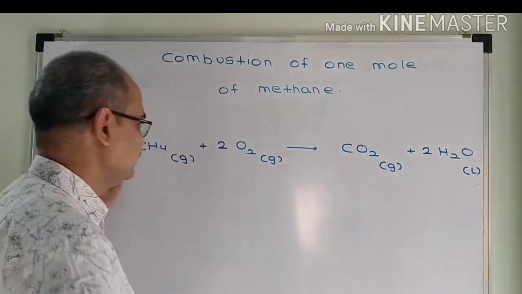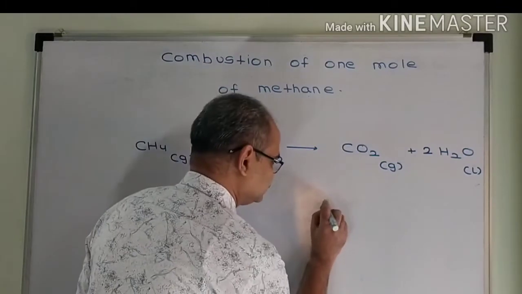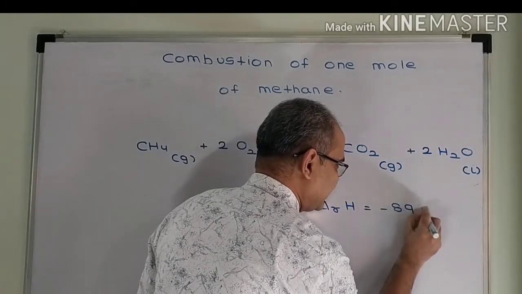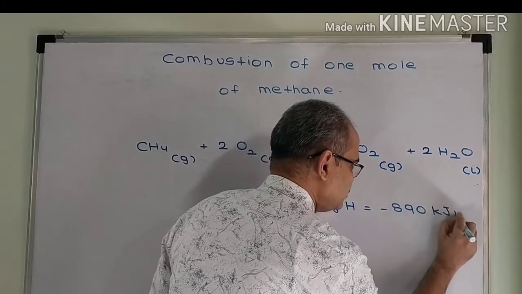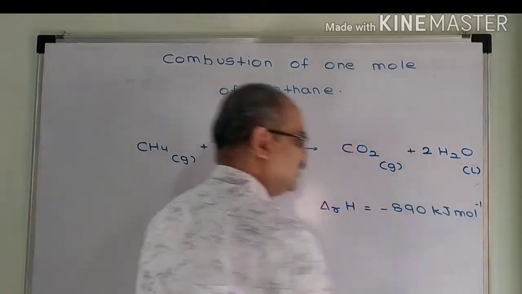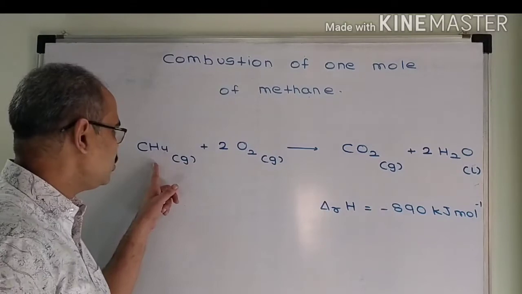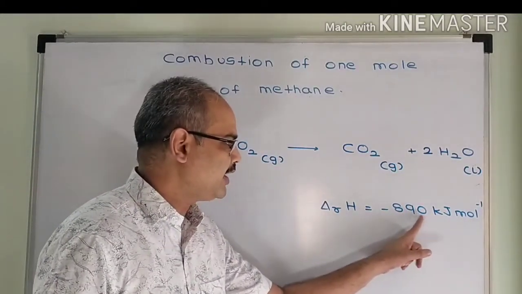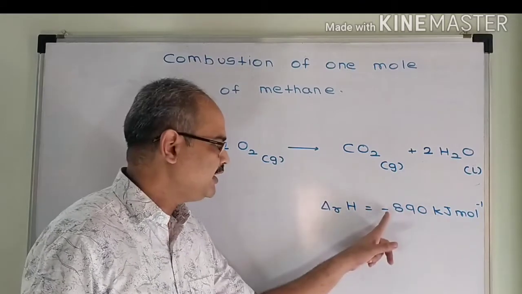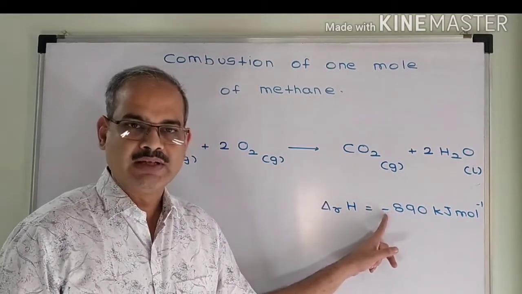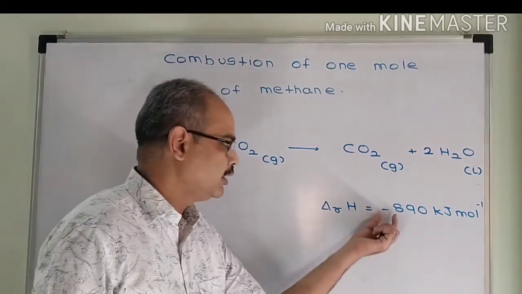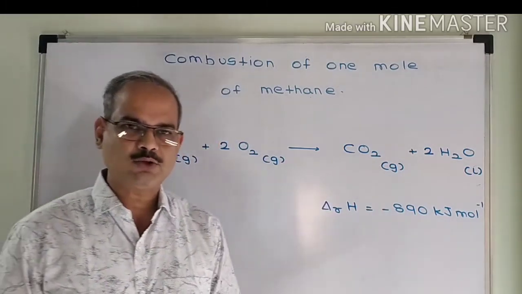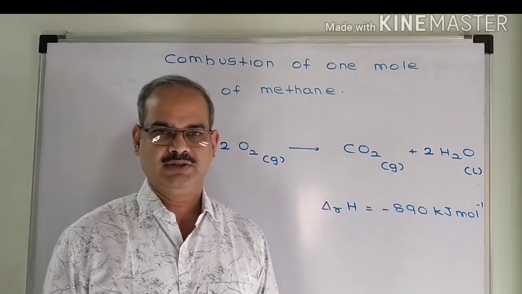For example, for this reaction, the enthalpy change is minus 890 kilojoules per mole. This means that when 1 mole of methane undergoes complete combustion, 890 kilojoules of heat is given out. Since it is an exothermic reaction, writing the negative sign is important. If the reaction is endothermic, here the sign will be positive.